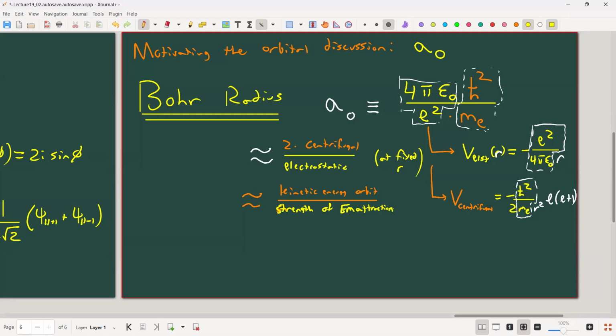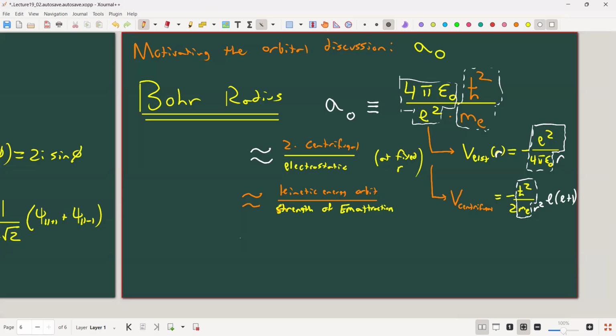It's some number that teaches us a balance of the 2 forces in our system. Remember, the electron brings in this centrifugal kinetic energy, and it gets some potential energy from its interaction with the proton. We have always talked about these things being at balance. The stable orbits are the ones where these 2 forces are equal and opposite. And so a naught is some ratio of these 2 forces. It tells you something about the relative fundamental balance between the 2 implicit forces in the hydrogen atom.